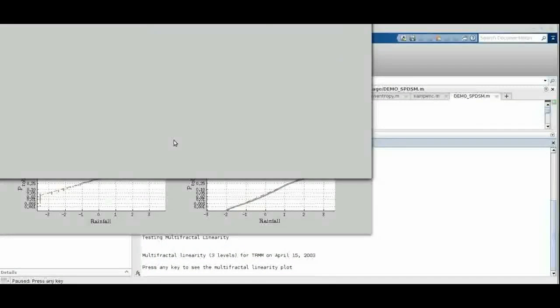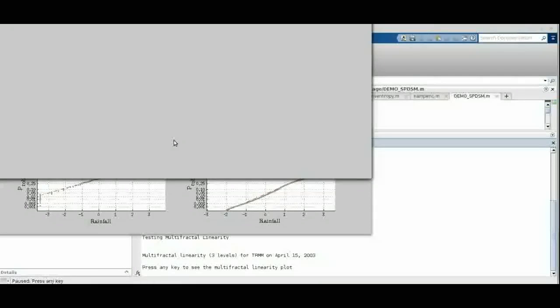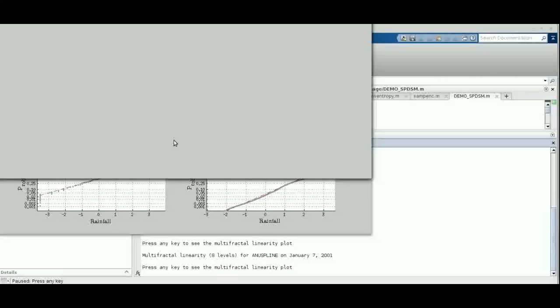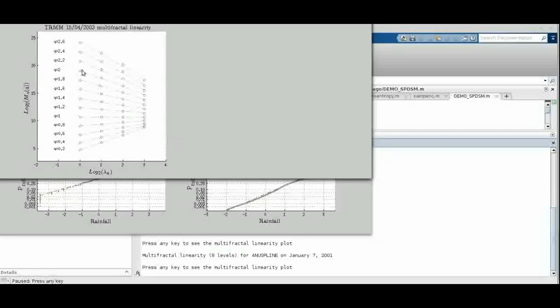Okay, so the next step is to test for multifractality. Testing for multifractality is just plotting the moments of the information, initially for the same image we used for the log normality test for a TRMM snapshot, and then we plot these moments with respect to the scale at which these moments have been computed.